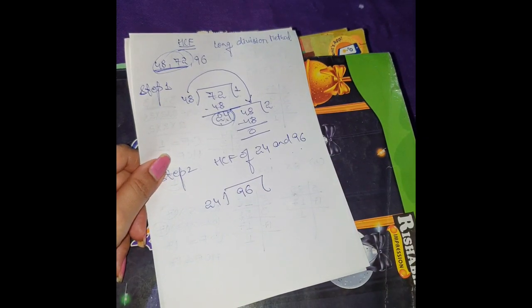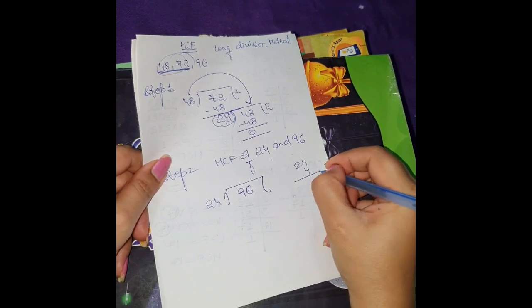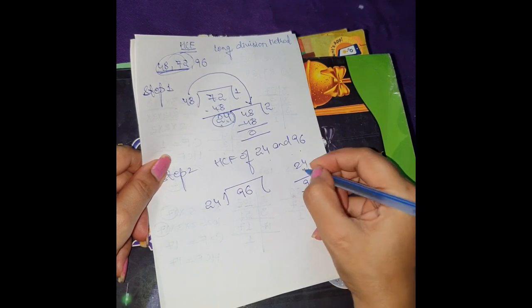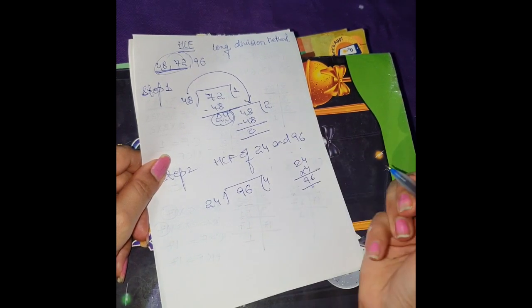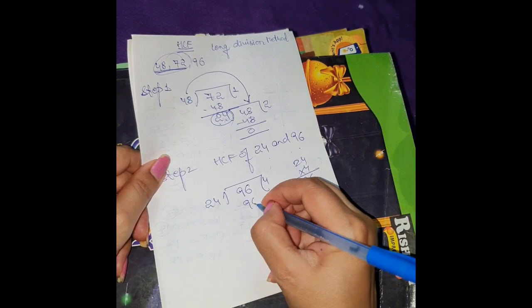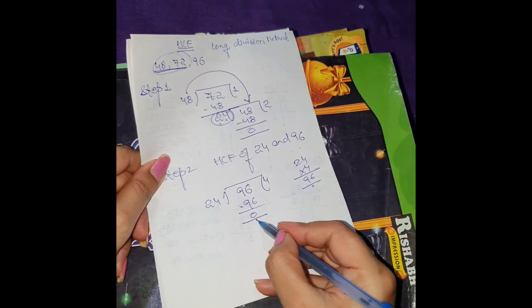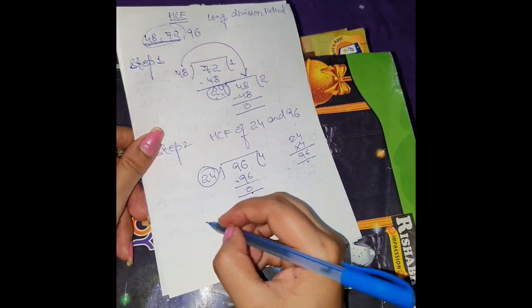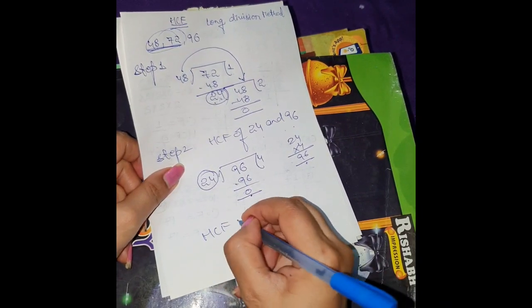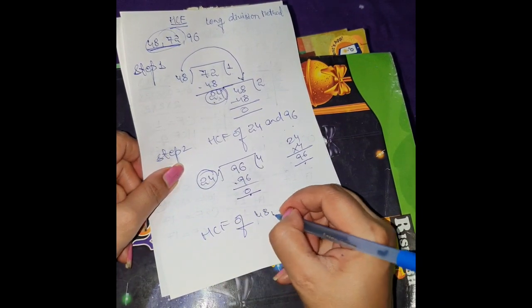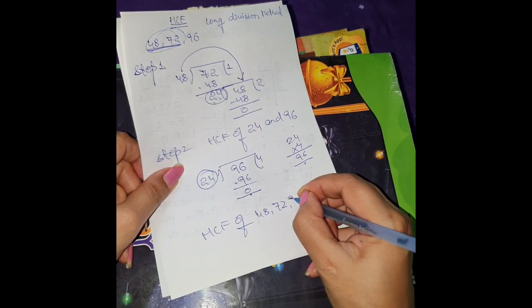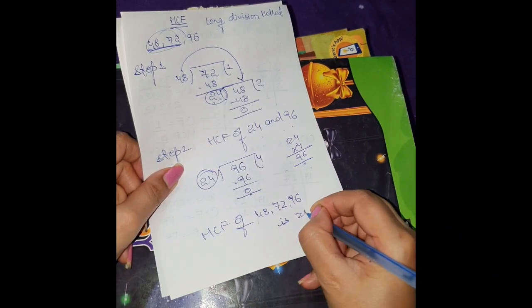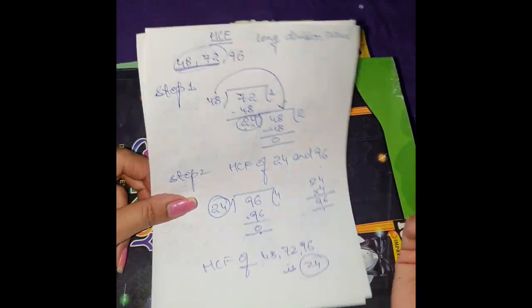Now 24 4 times is 96. So 4 you will write outside and 96 here. So here we have got the remainder as 0. That means this 24 is the HCF of 48, 72, 96. That is 24.